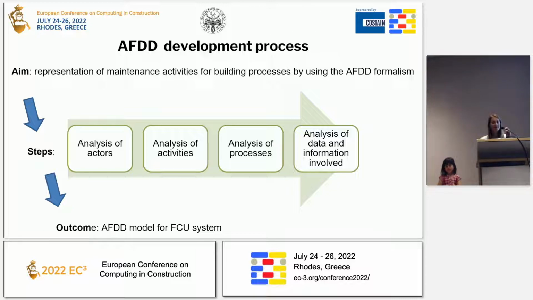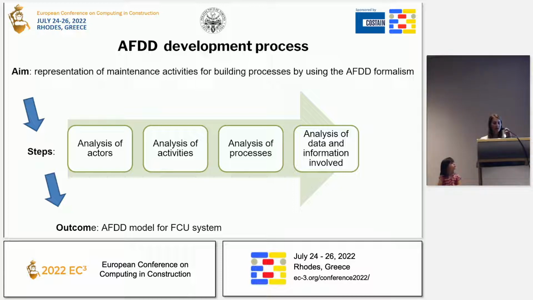Since the paper is a part of a big project, the steps followed to develop this methodology are as follows. The aim was to represent maintenance activities for building processes by using this automated fault detection and diagnostic formalism.